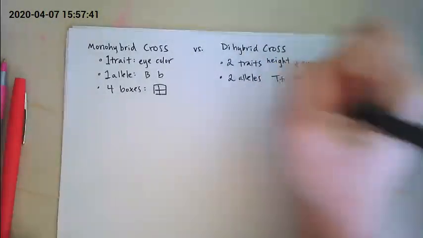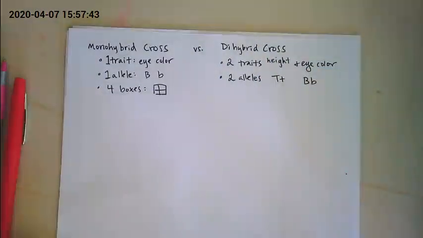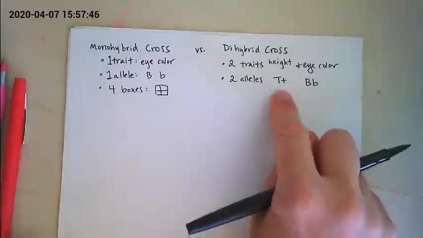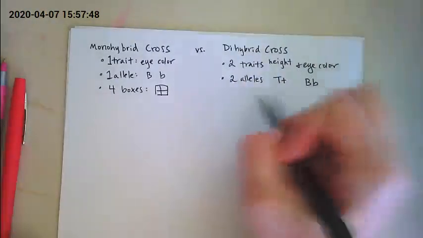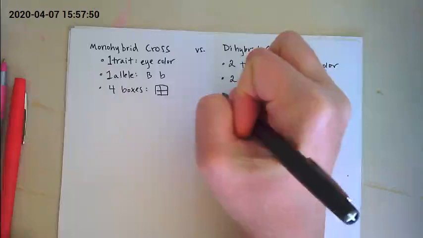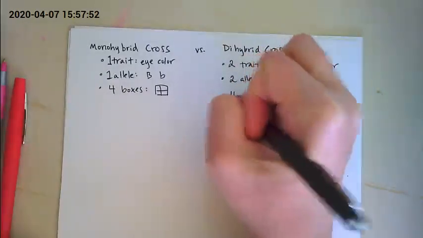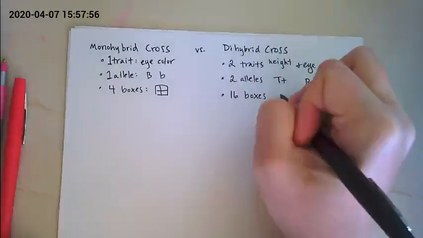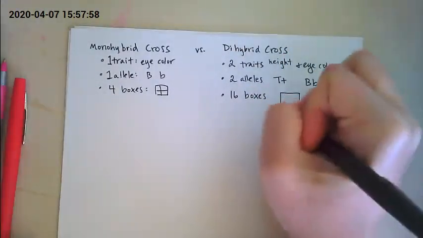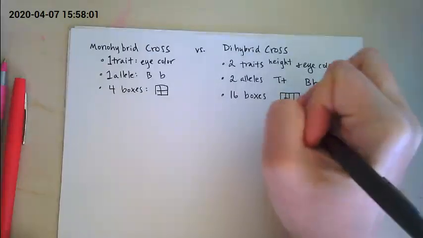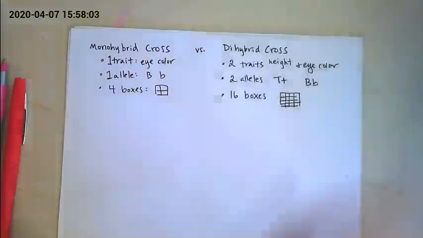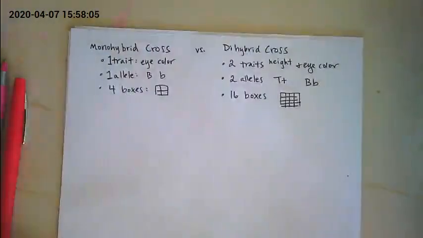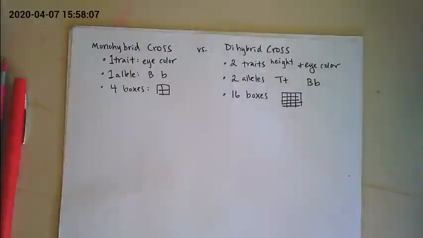So maybe we have someone that looks like that and someone who looks like that, or this could be the same person. They could be tall with brown eyes, but heterozygous for both traits. And the dihybrid crosses use 16 boxes. So it's a much bigger Punnett square.